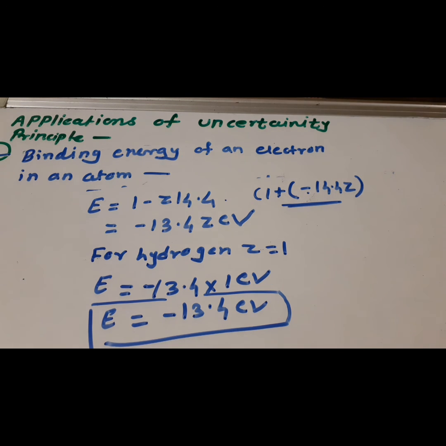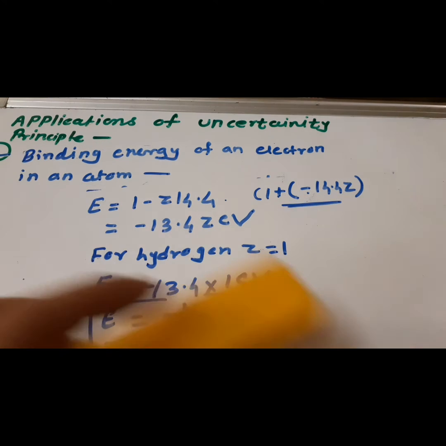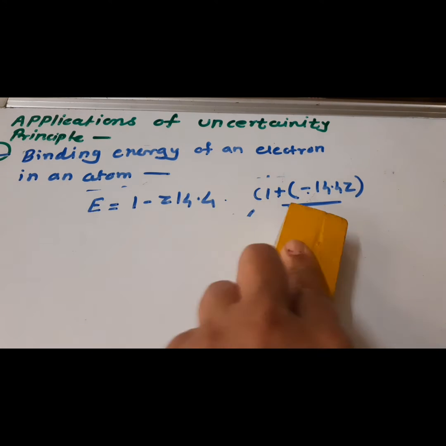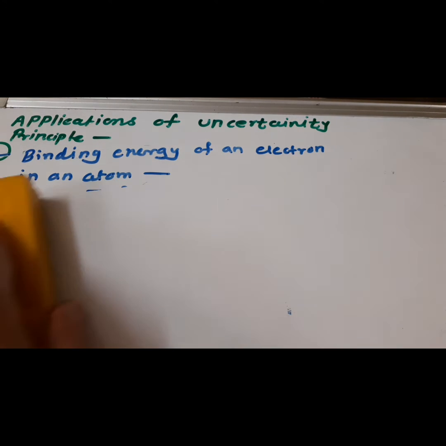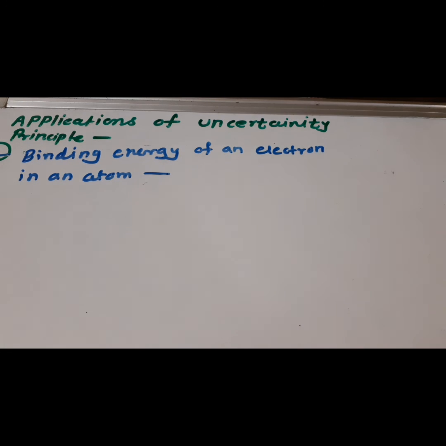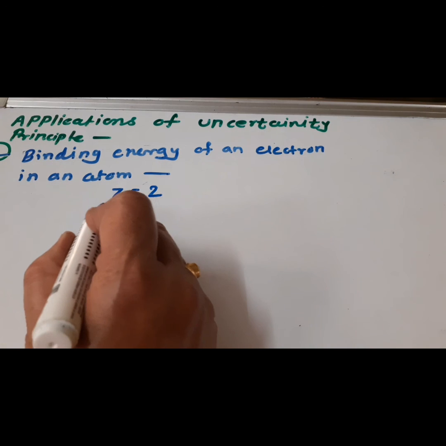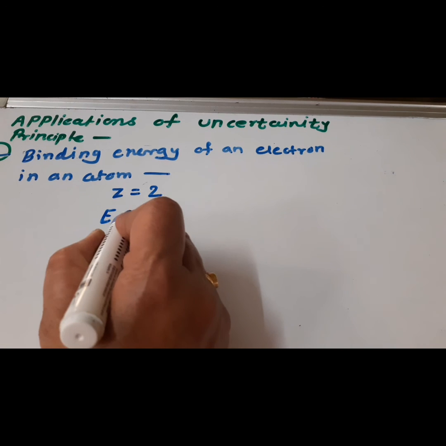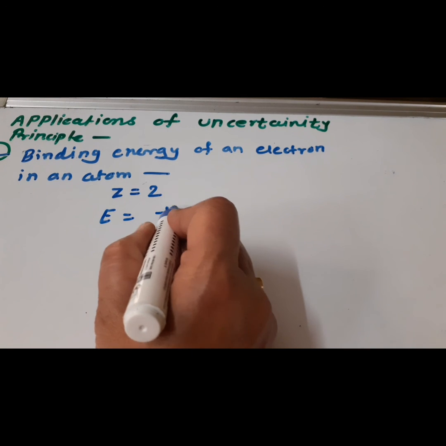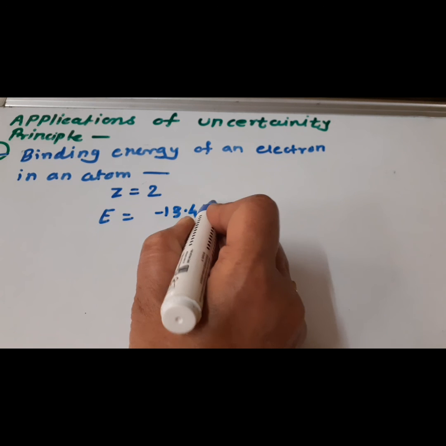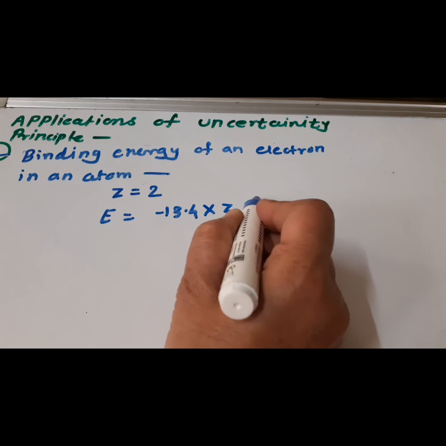Similarly, if we consider the helium atom, for helium, what is the value of Z? All of you are chemistry students. You know that for helium, the value of Z is 2. Therefore, E is equal to how much? Minus 13.4 into Z electron volt.